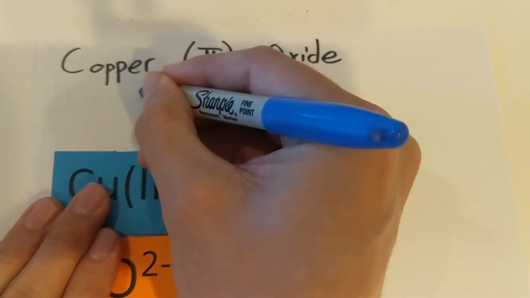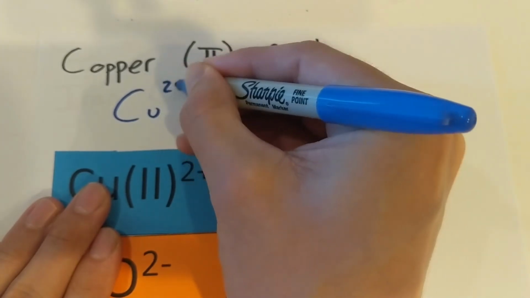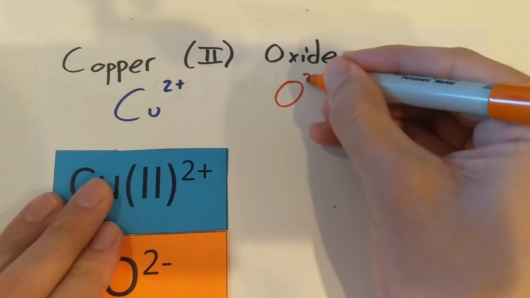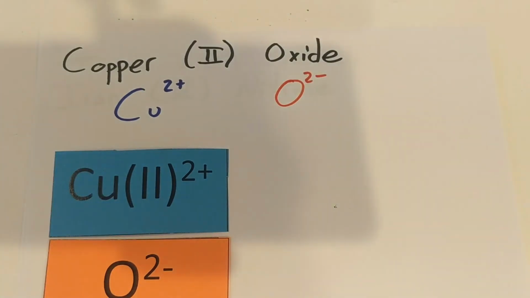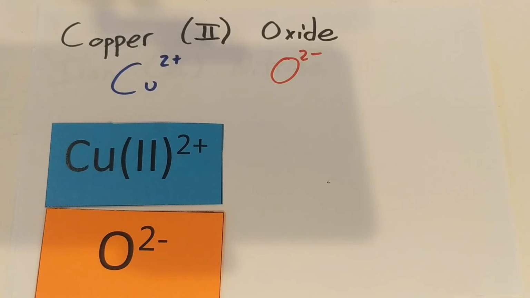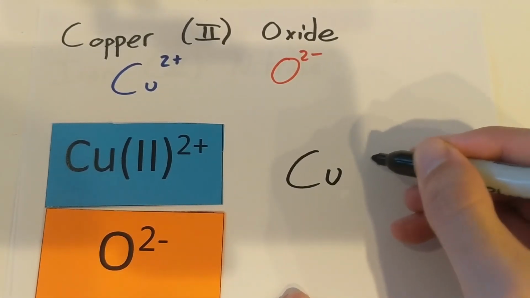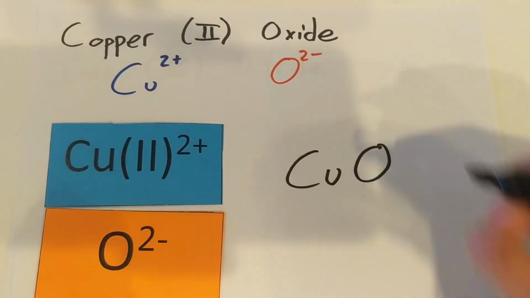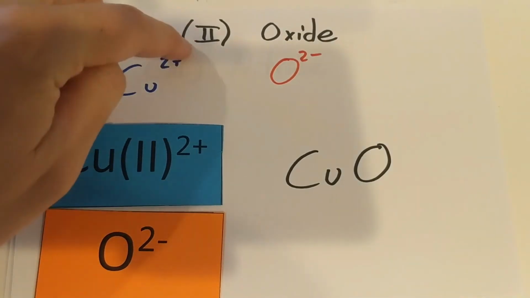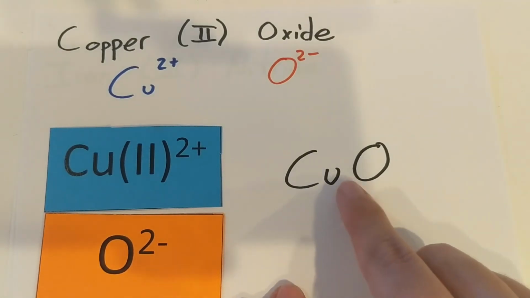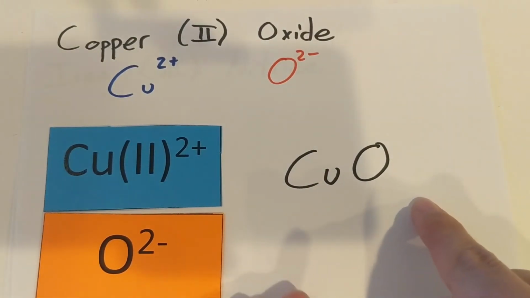So that 2 means 2 plus. So now when I write this out, I just have 1 of each. So remember, this 2 means I have a +2 charge, and the number I have here is how many I have in my formula unit.